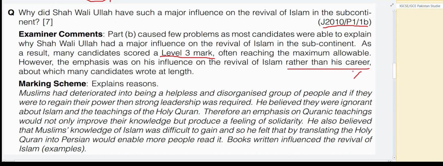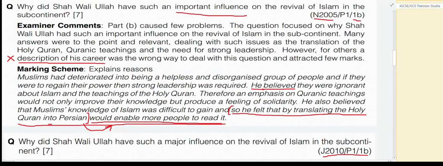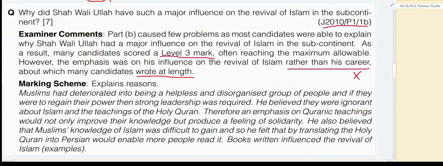We do not have to write career in these type of questions, right? About which many candidates wrote at length. That means many candidates wrote in detail on his career, right? However, we are supposed to write here beliefs, works, and importance, right? Briefly, because it's a 7 marks question.